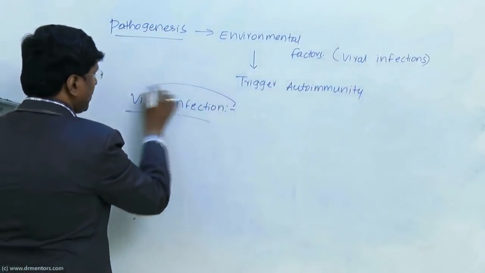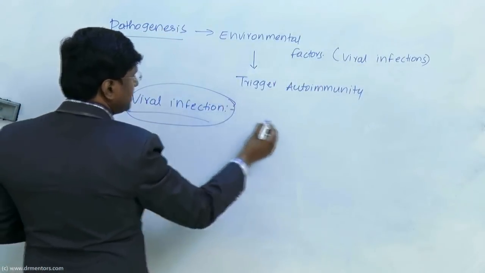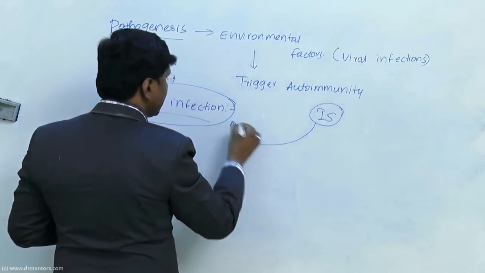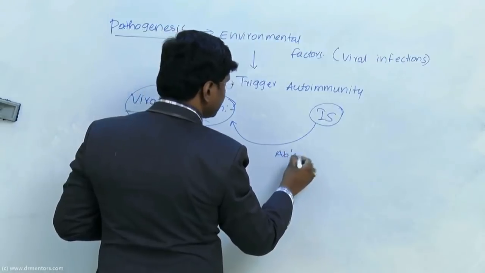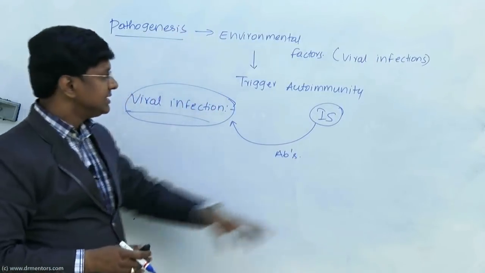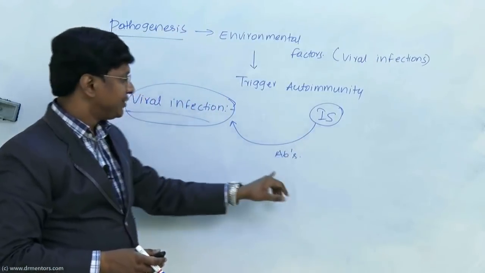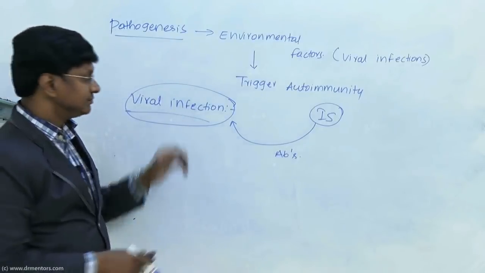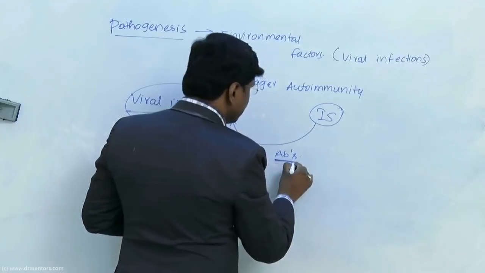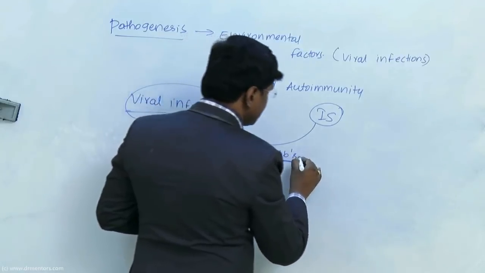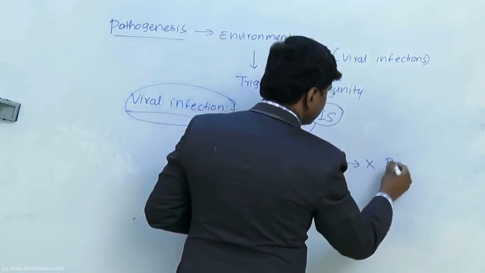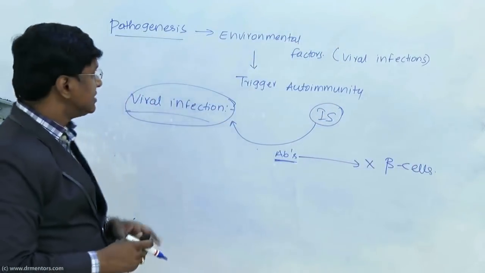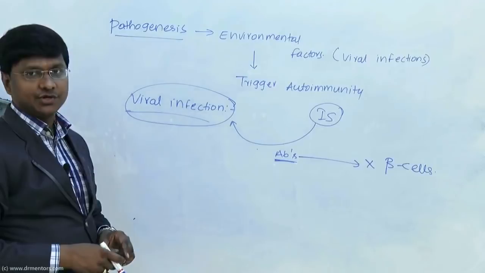Whenever there is viral infection, our immune system will produce antibodies against the viruses. The antibodies which are produced against the viruses will destroy the beta cells.